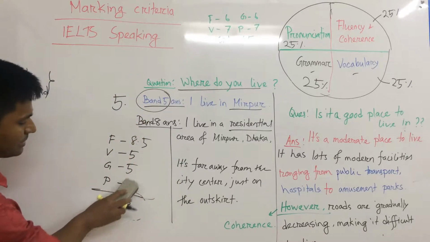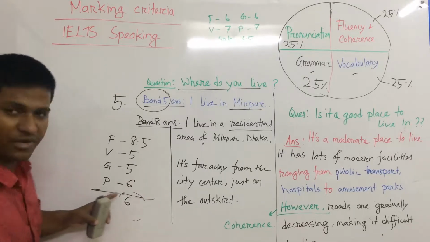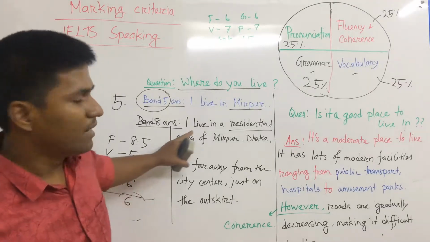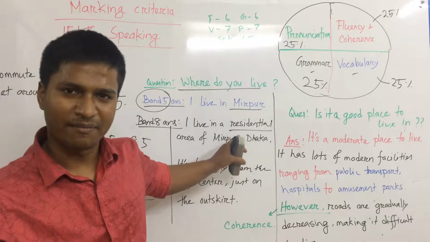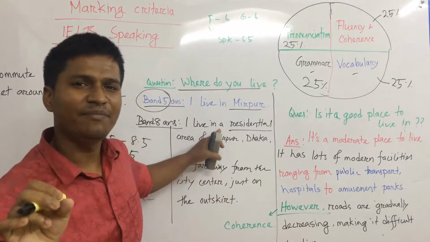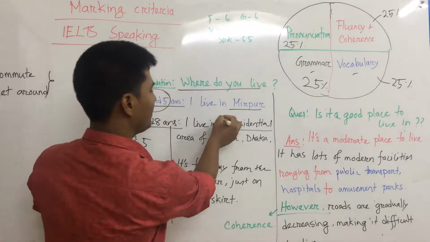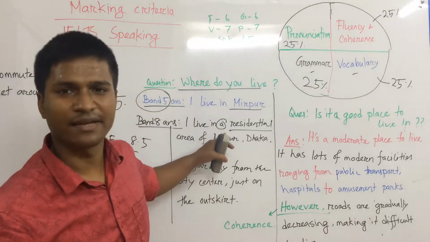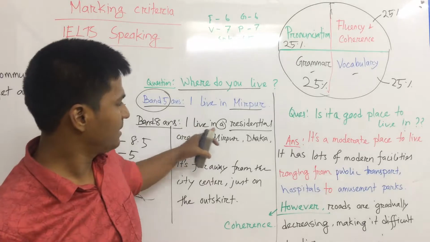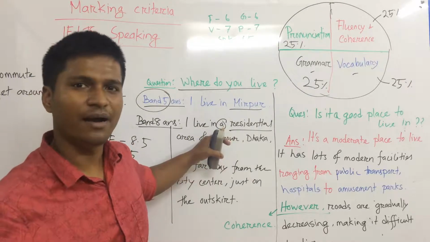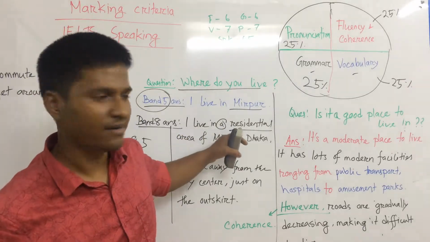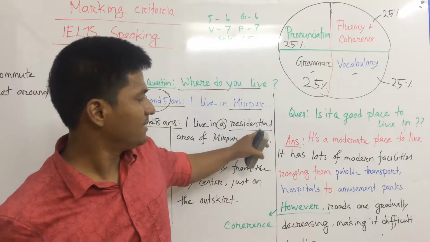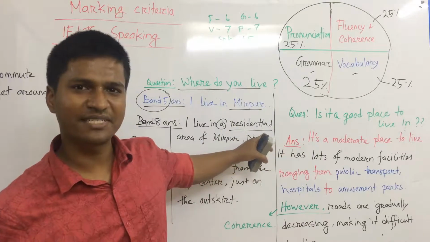Now in pronunciation, I'm talking about the pronunciation part. I live in a. For a non-native English speaker, it's "a" in most languages, like in my language. But here it will be "uh". So I live in a residential. No, not residential.